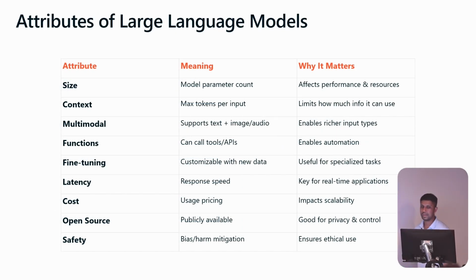And these are some of the attributes that you would see of a model. So the size parameter is the number of parameters that the model has. More parameters, the better responses, but it also means more cost and more resource intensive. And context is the maximum number of tokens that the model can handle in order to produce your responses.